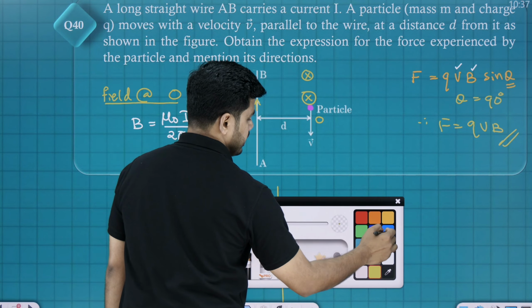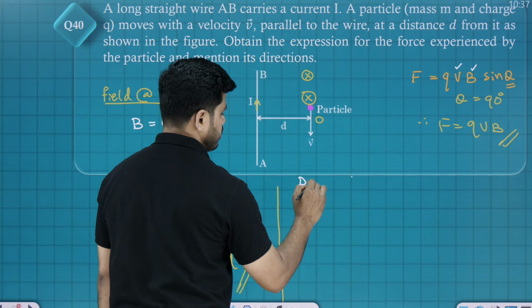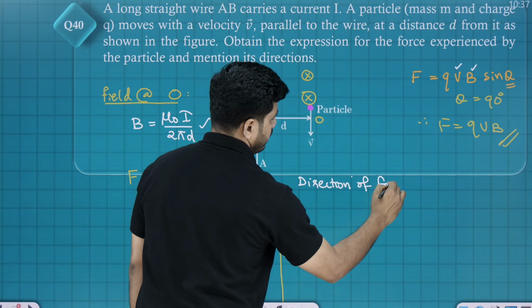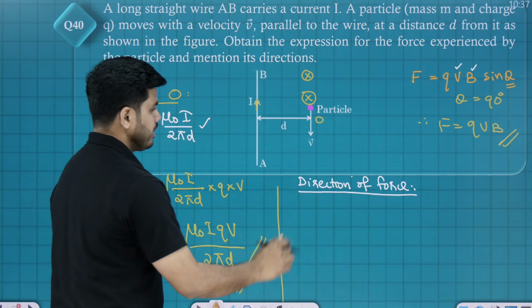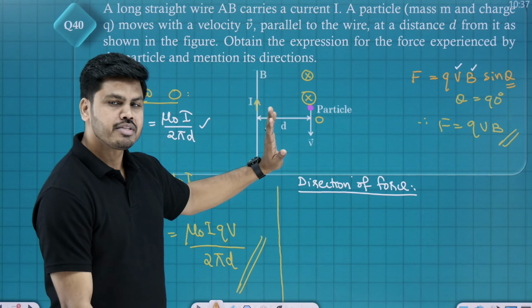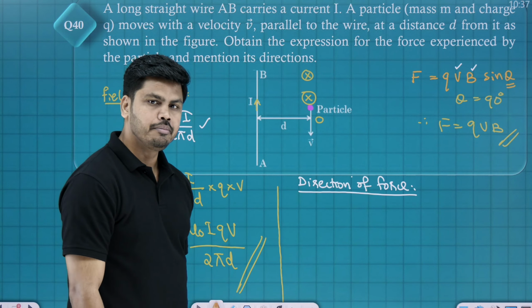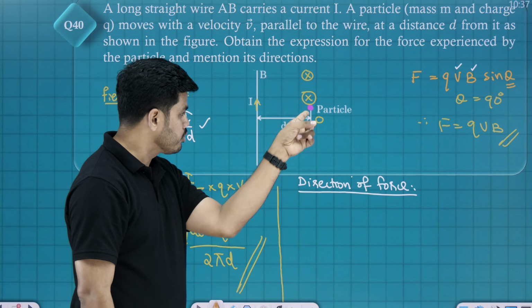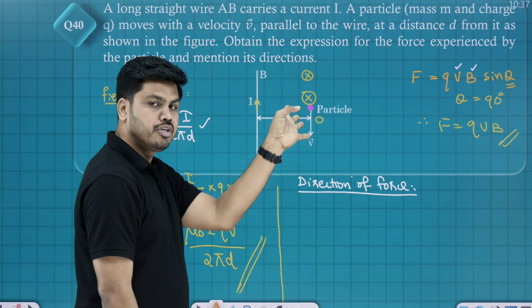Now, what will be the direction of the force? As I told you before, we have to find the direction of this force also. So be ready with Fleming's left-hand rule, which we apply to find the force acting on the particle. The magnetic field, represented by the index finger, is going into the screen, because it is a cross.